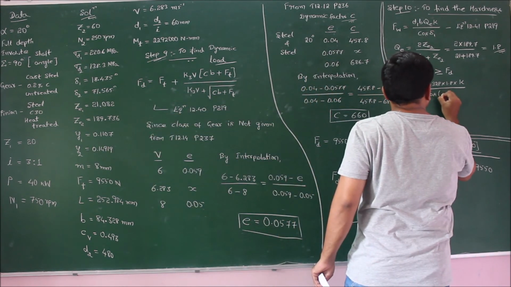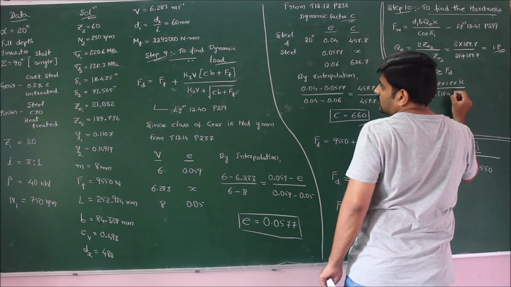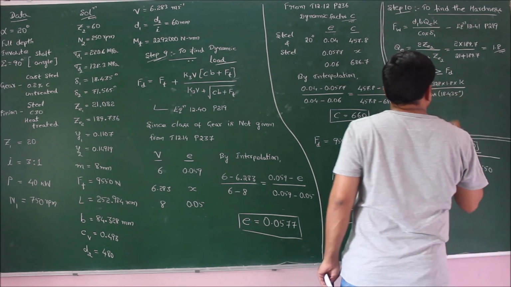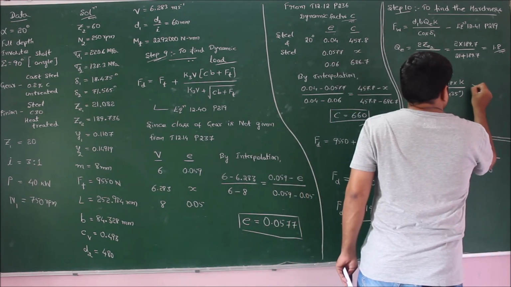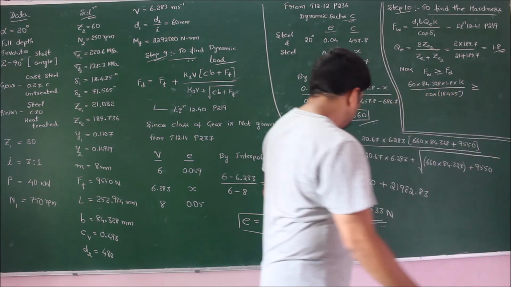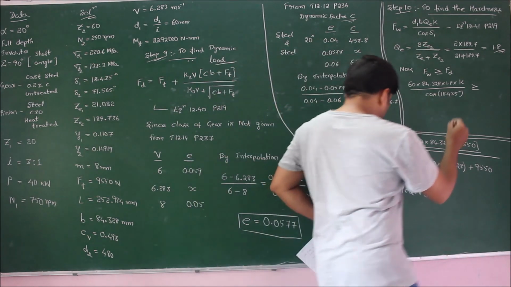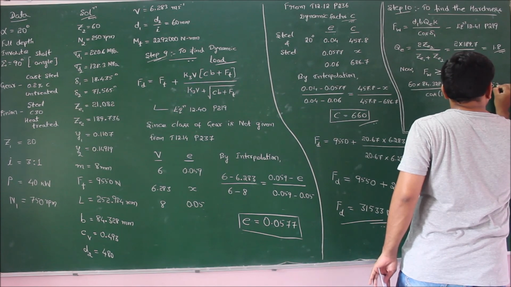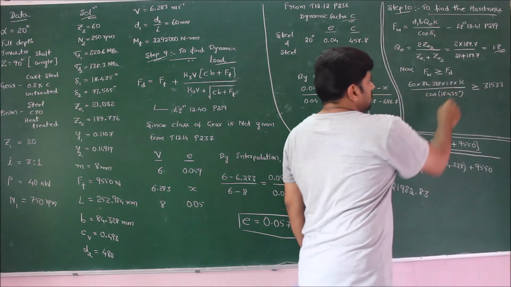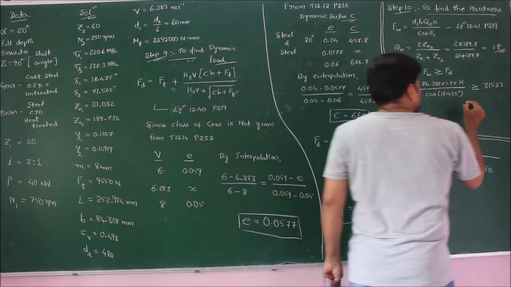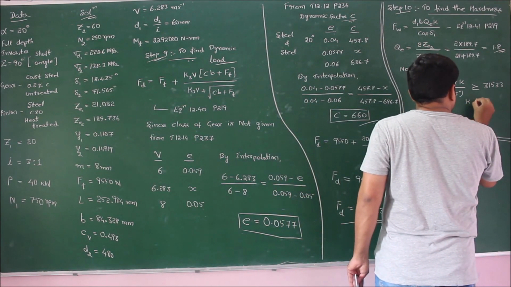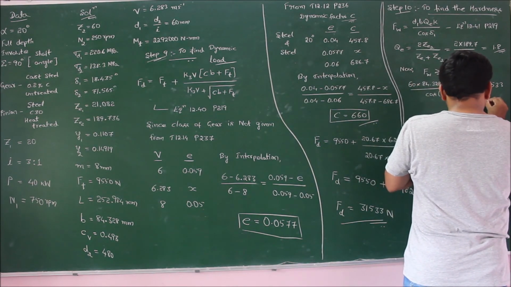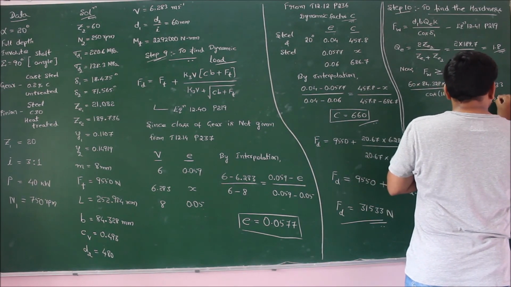Delta 1 is known to us, which is 18.435 degrees, which should be greater than or equal to dynamic load. The dynamic load is calculated and we found it as 31,533 newtons. If I simplify, I will get the value of stress factor K, it should be greater than or equal to 3.2847.